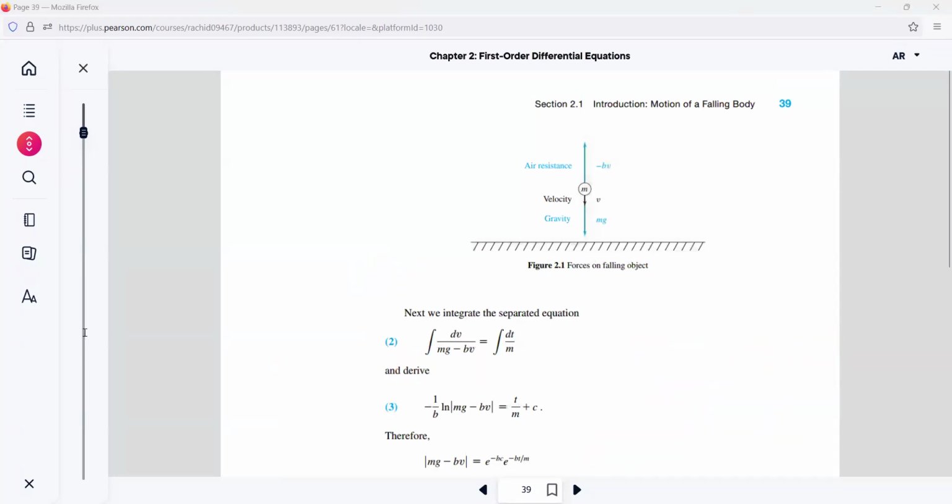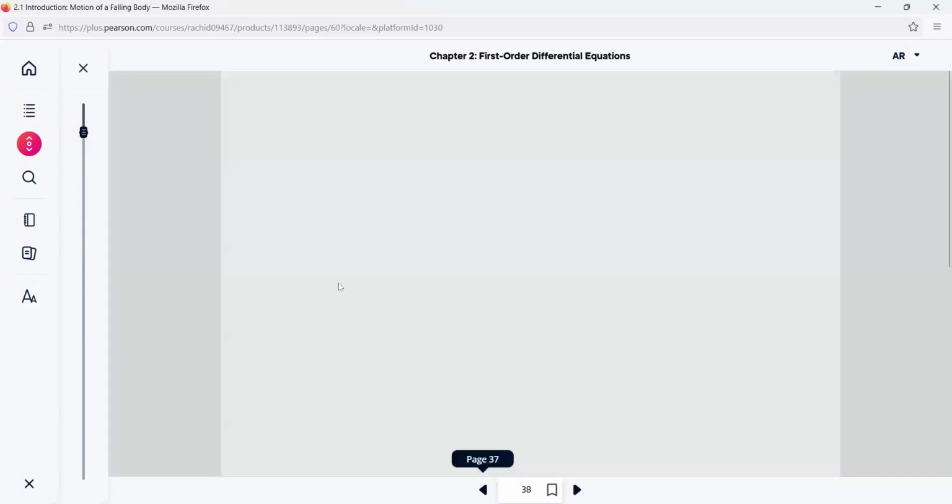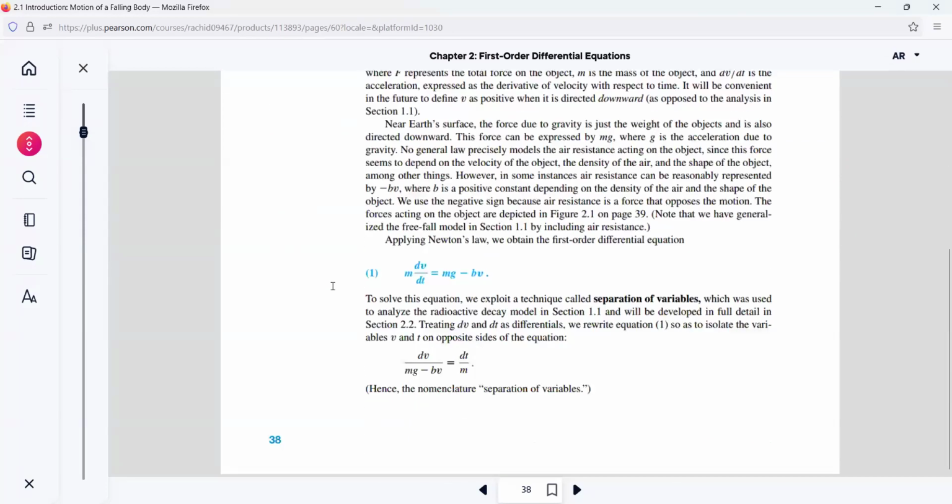So here is a sketch that kind of details the idea. And now we're going to integrate the two parts. Okay. So here, integrate these two sides. All right.